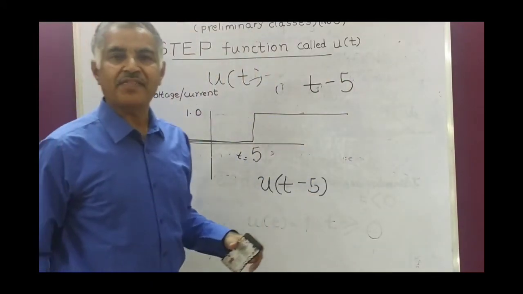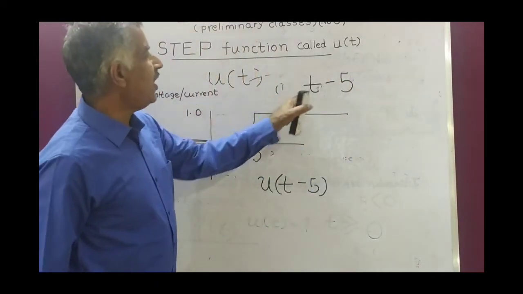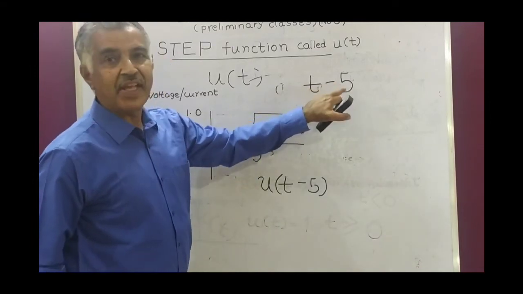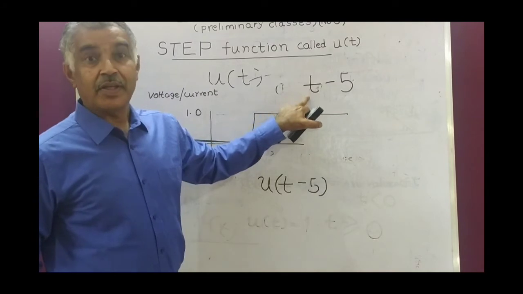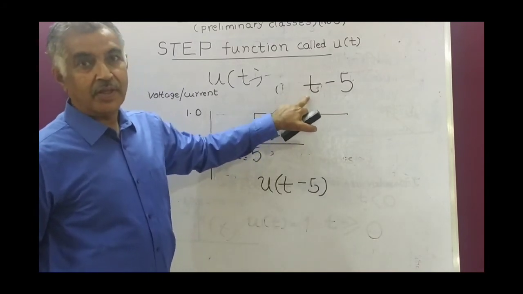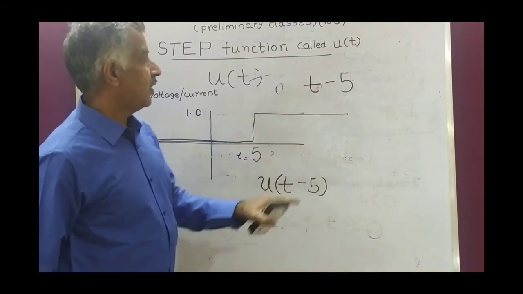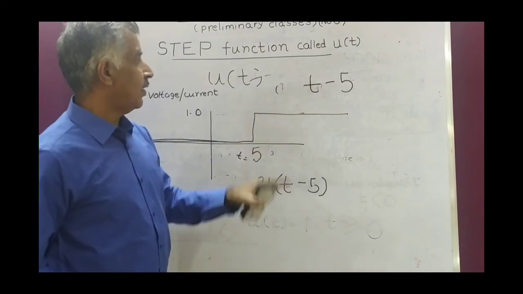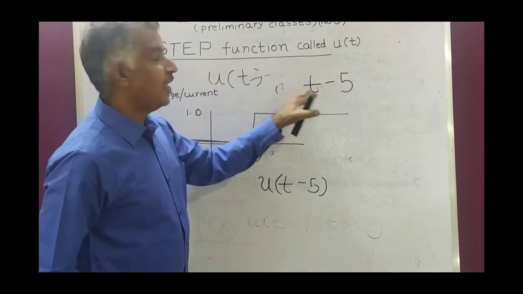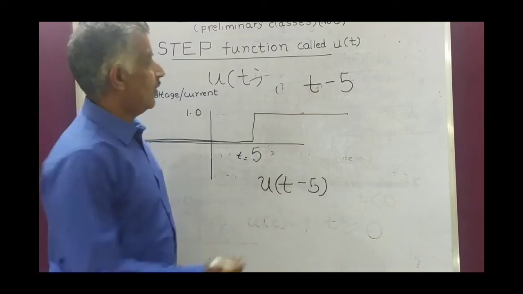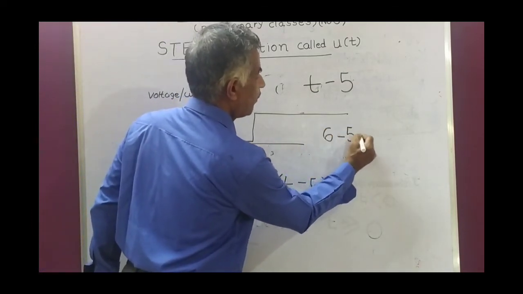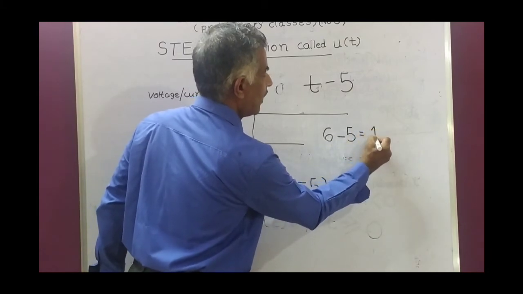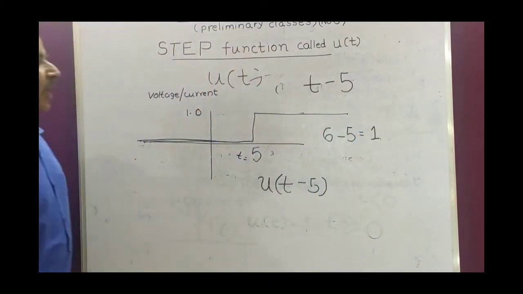When t minus 5 is negative, the value is 0. Take t greater than 5, for example t equal to 6. Then 6 minus 5 becomes 1.